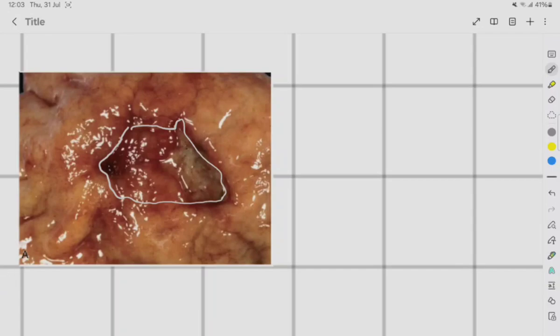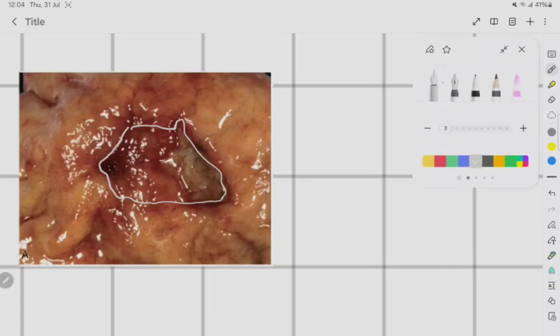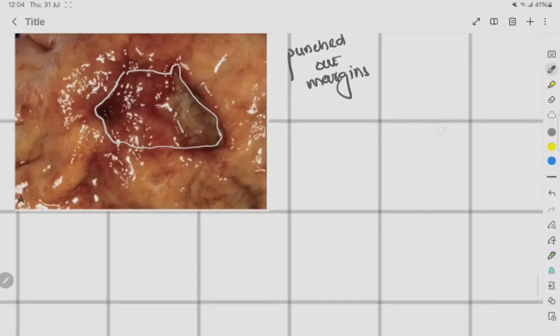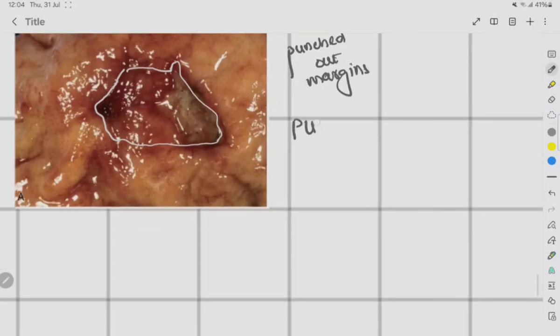The mucosa has been very neatly removed. It is invaginating, if you might say so. So these are called punched out margins. These are characteristically seen in peptic ulcer disease.